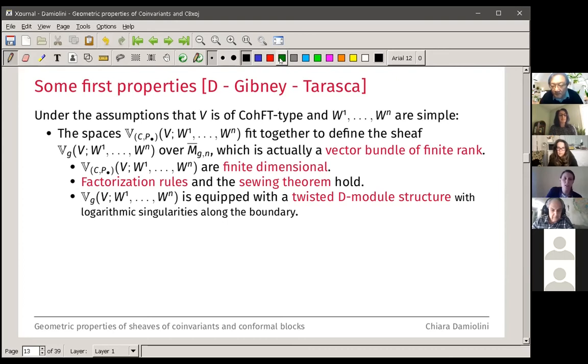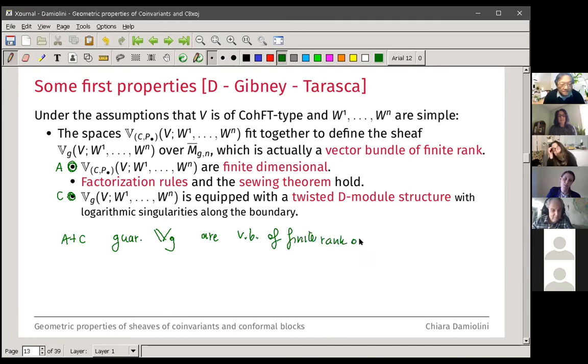But essentially, let me say that these two conditions together, A and C, are enough to guarantee that these coinvariants are a vector bundle of finite rank over the open moduli space where we only have smooth curves.